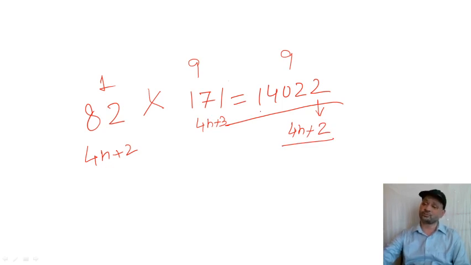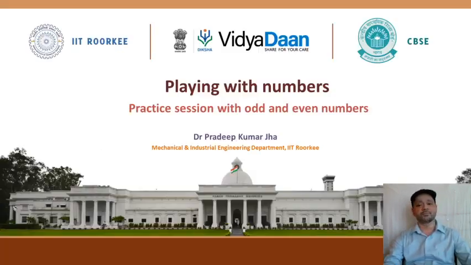That way you are able to come to the correct answer by knowing this behavior of numbers, either by adding the digits or by looking at the type of odd or even numbers, for which we have got certain understanding through the discussions.